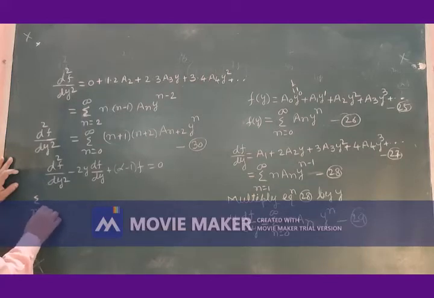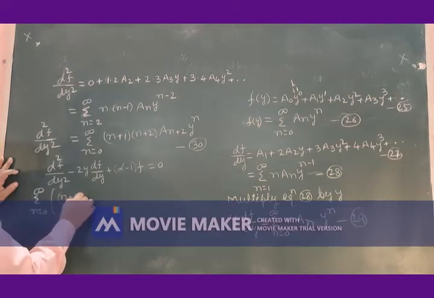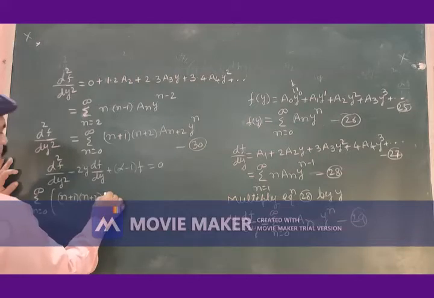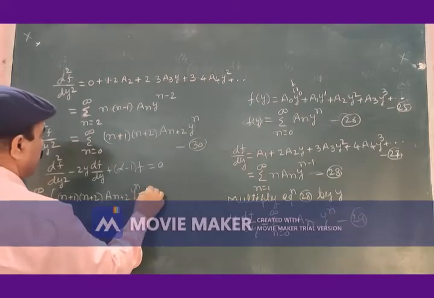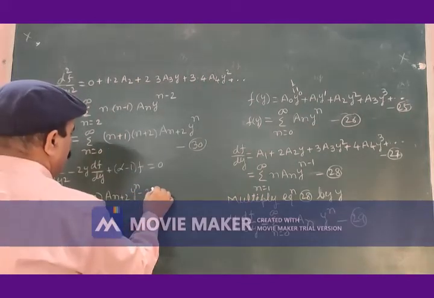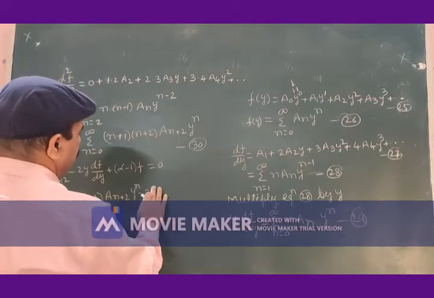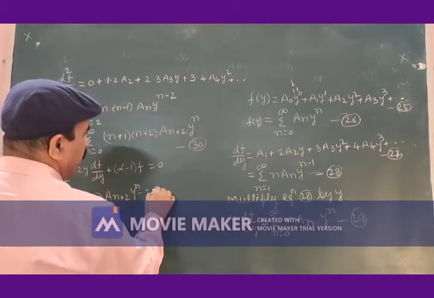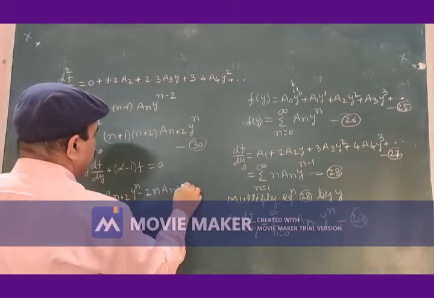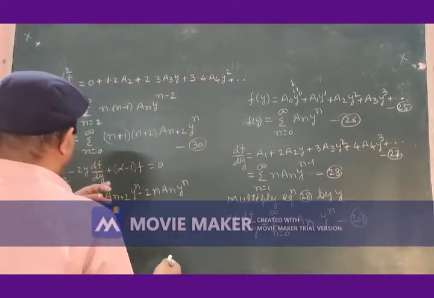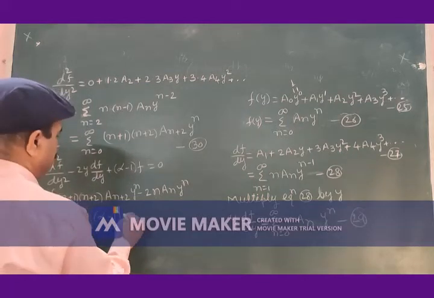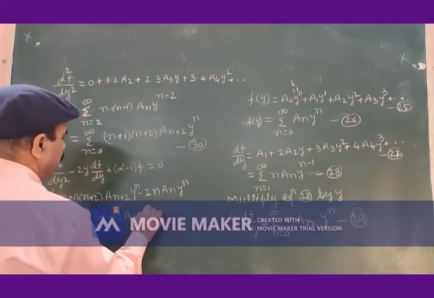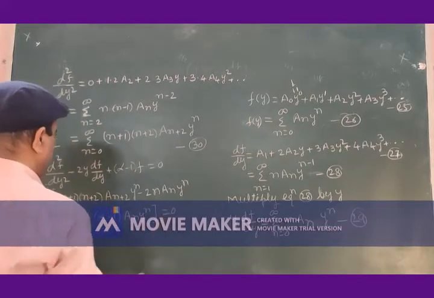Summation of n is equal to 0 to infinity, common for all, n plus 1, n plus 2, a n plus 2 y to the power n, minus 2 n a n y to the power n, plus alpha minus 1 into a n y to the power n is equal to 0.